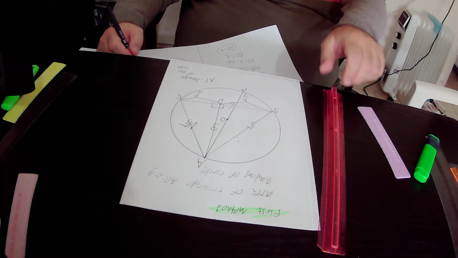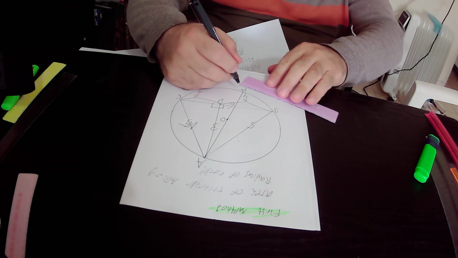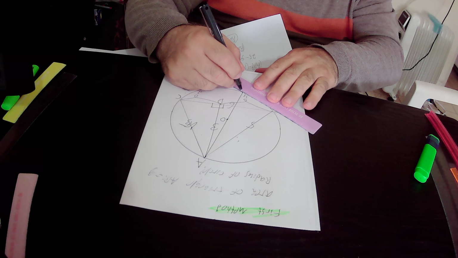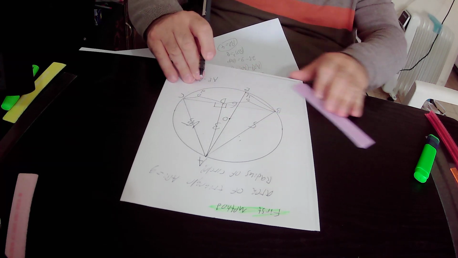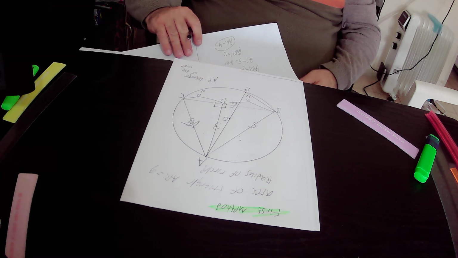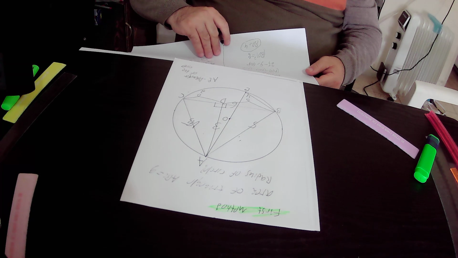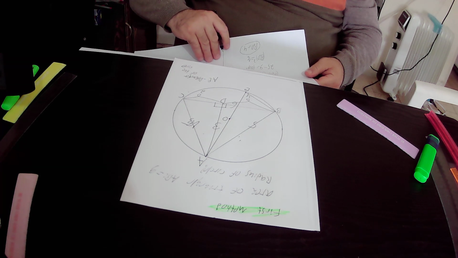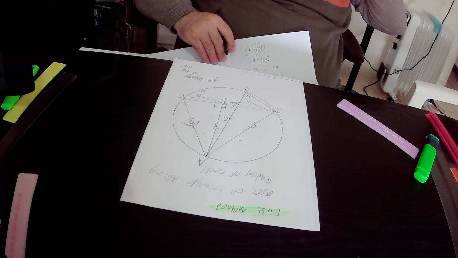We join points B and D together by a straight line. And we actually have a new rule that says that any peripheral angle that rests on the diameter of the circle is equal to 90 degrees.